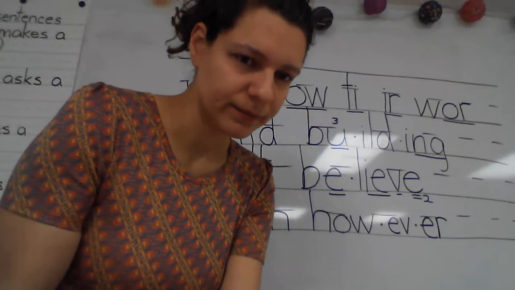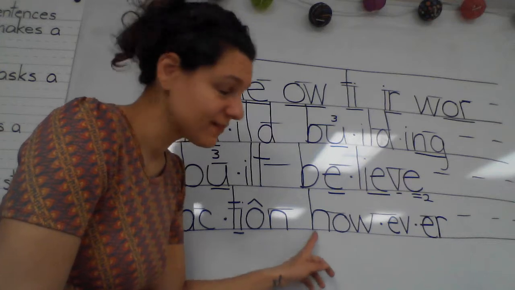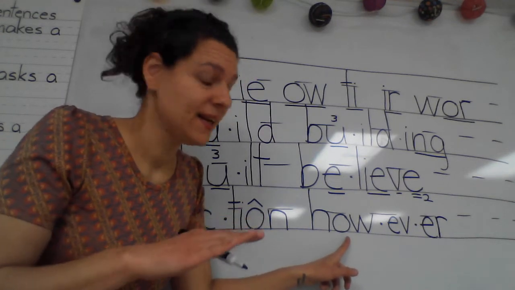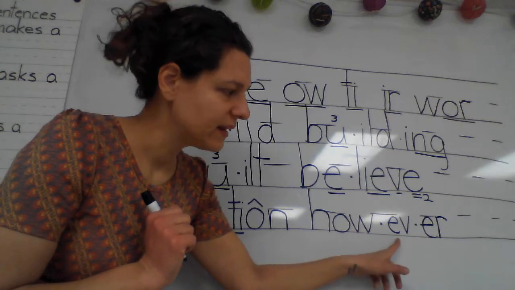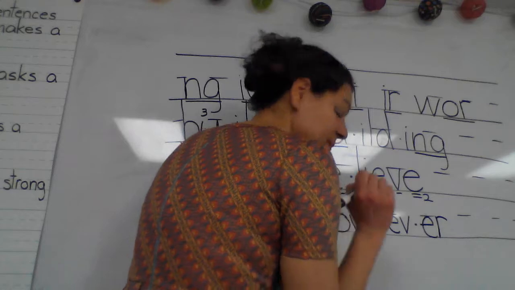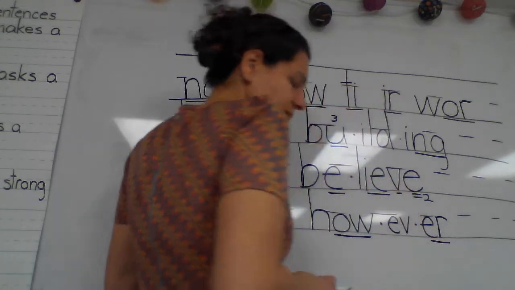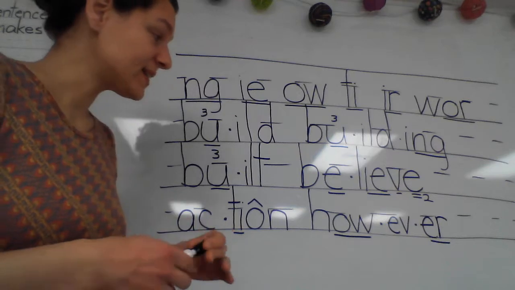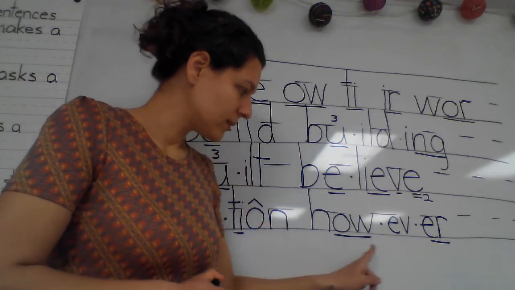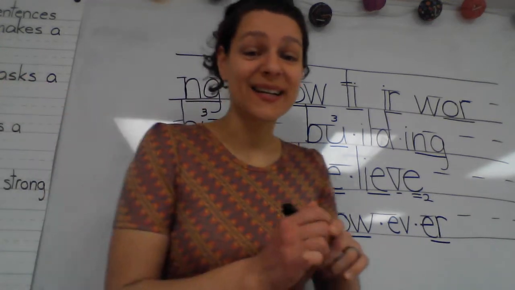All right, let's mark it. We need to underline this. Good, we need to underline that. Do you pick up your pencil? All right, and let's read our word. Nice job, class. I will see you in our next video.